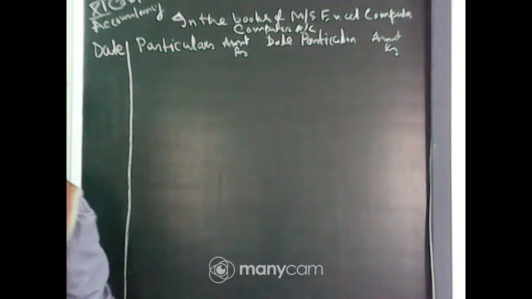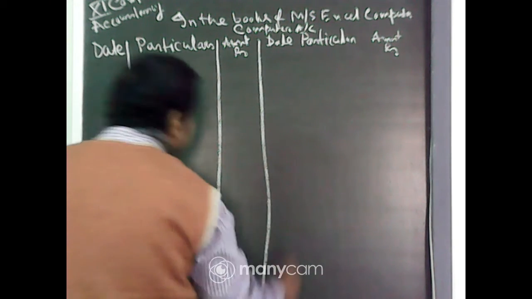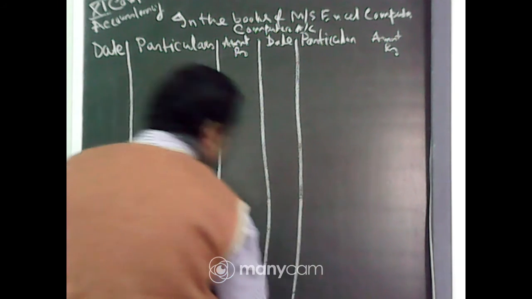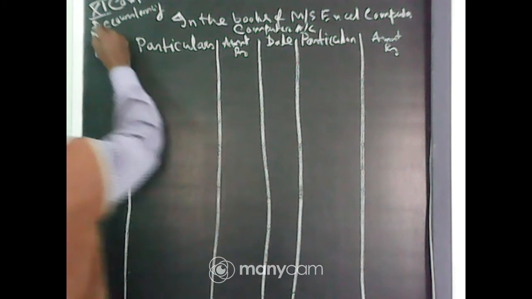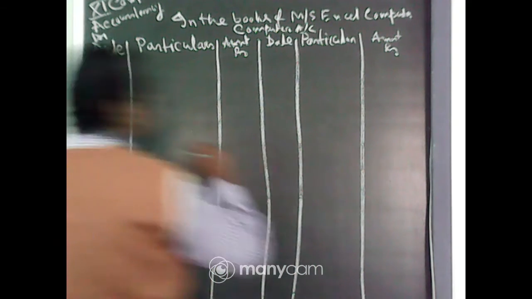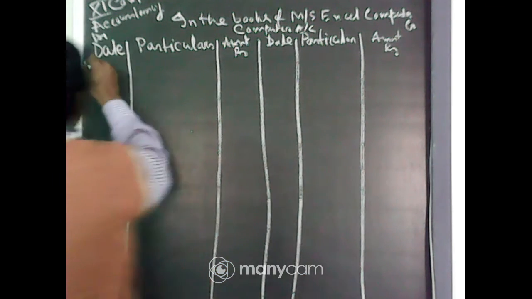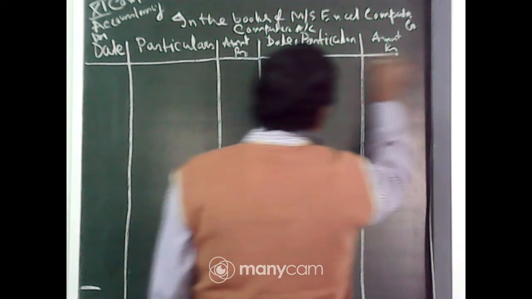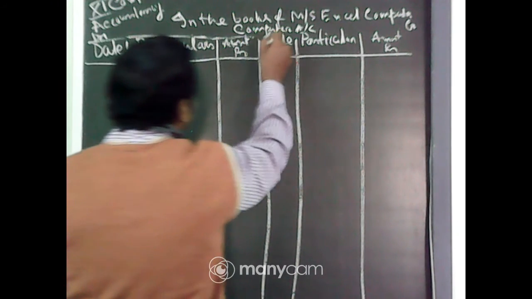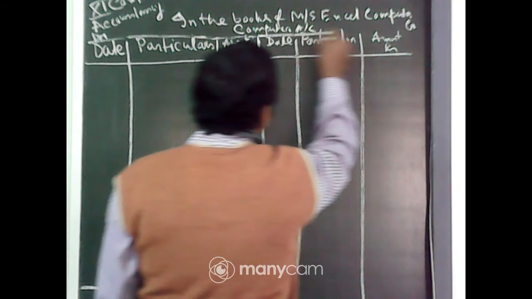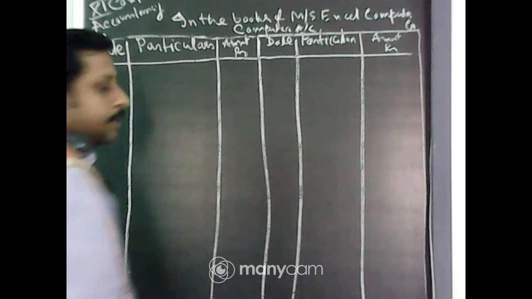There is a date, particulars and amount rupees, and again a date, particulars and amount rupees. The left side is debit, that is Dr, and the right side is credit, Cr. So this is the format.